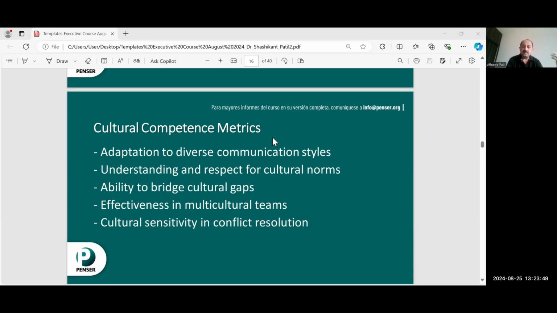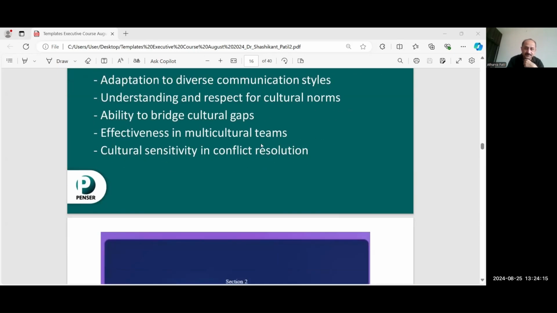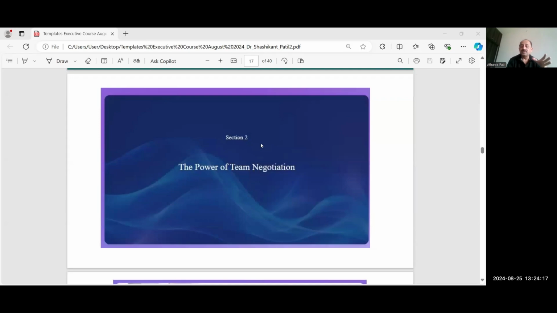You must have the ability to bridge cultural gaps as an individual and as an organization, and there you need to bring effectiveness in multicultural teams, because people from different communities, different languages, different geographical areas may work together. Also, you have to focus on cultural sensitivity in conflict resolution. So this was about conflict resolution.